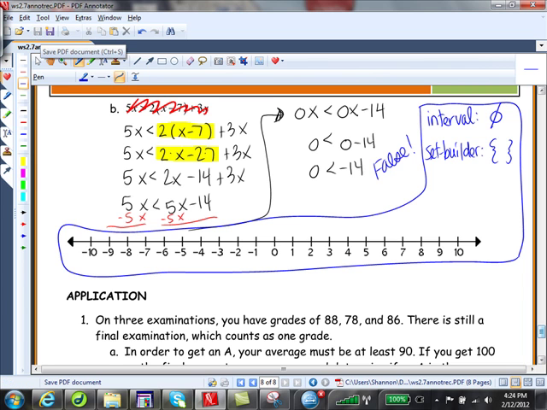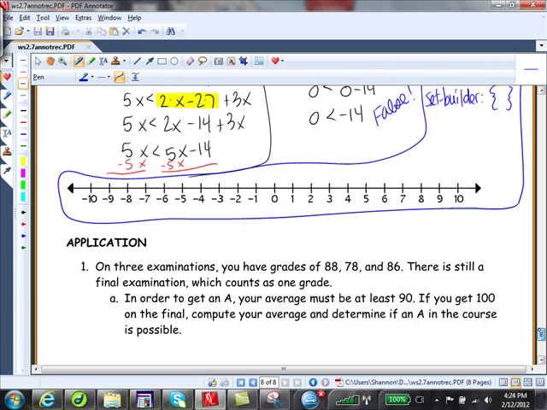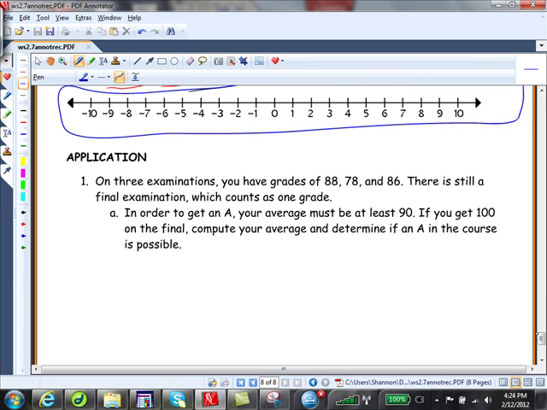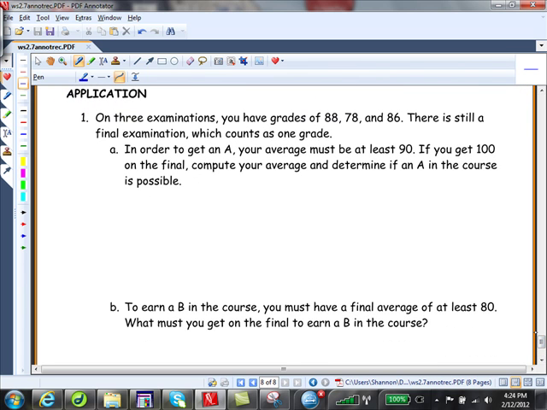Okay. So here we go. Application. On 3 examinations, you have grades of 88, 78, and 86. There is still a final exam which counts as 1 grade. In order to get an A, your average must be at least 90. Okay?